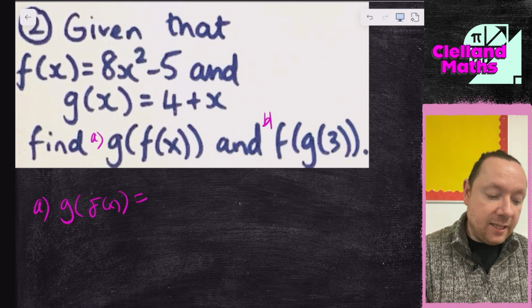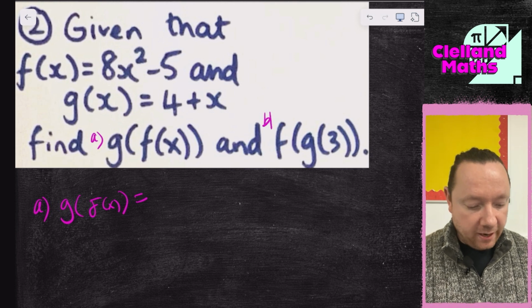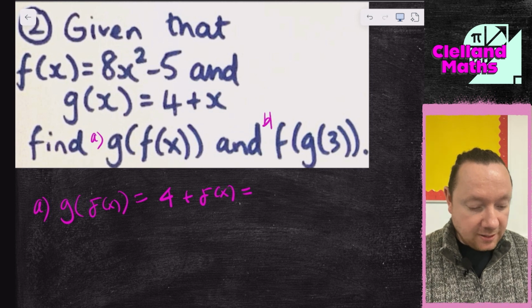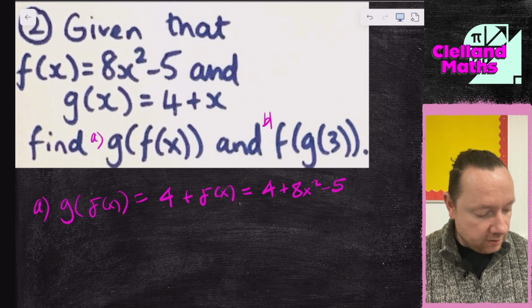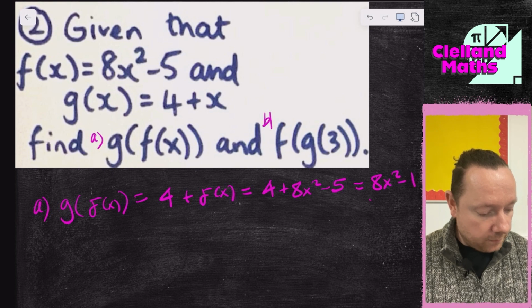That means that every time in g I see an x, I write f of x. So let's start with that then. I've got 4 plus x, 4 plus f of x. And f of x is 8x squared minus 5. So that's 4 plus 8x squared minus 5. 4 minus 5 is minus 1, so it's 8x squared minus 1.